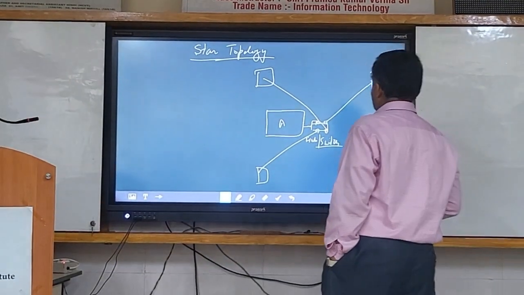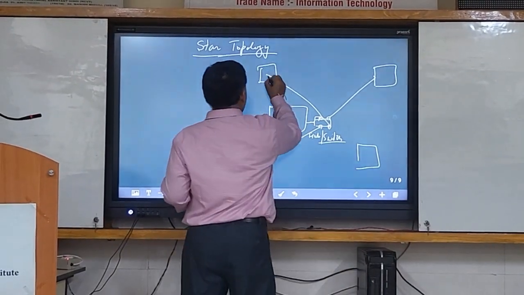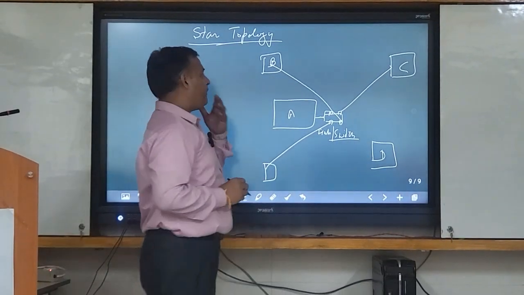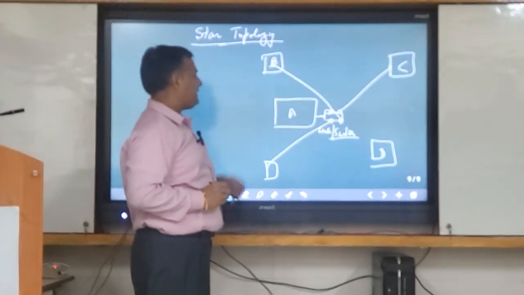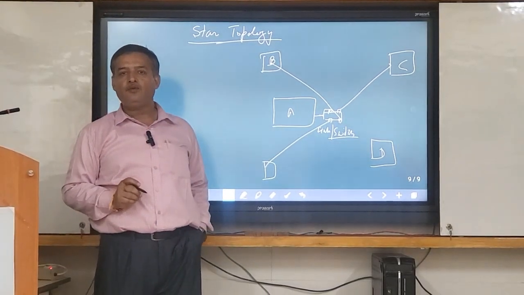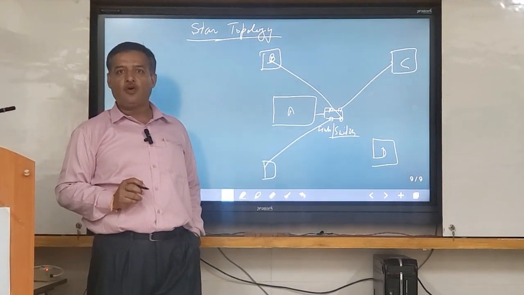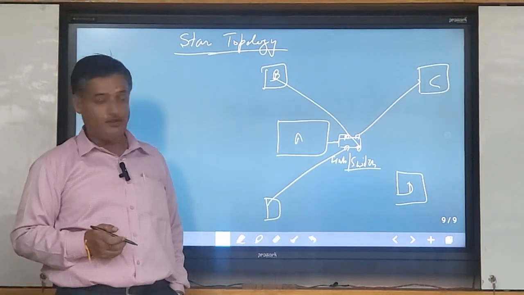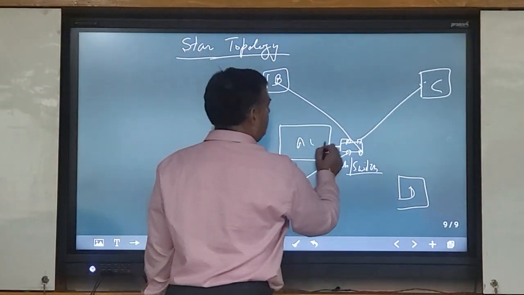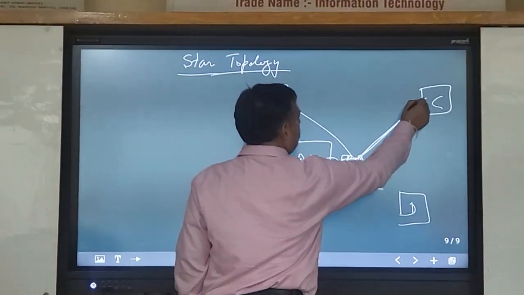So here any computer, if it is B, C, or D, any computer can send the signal anywhere, anytime. No need for waiting for the token in this type of topology. A wants to send a signal, okay, this will be A and this is the path.